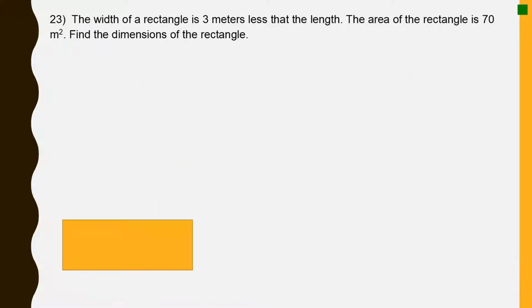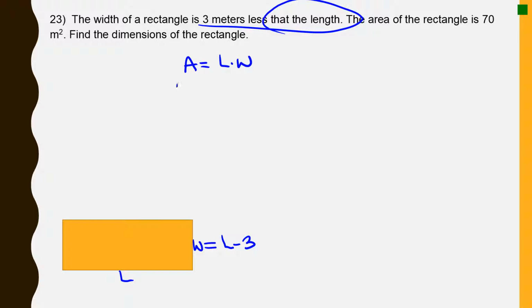Oh my gosh, there's one more left, guys. All right, the width of a rectangle is 3 meters less than the length. So this is the length, this is the width. It says the width is 3 meters less than the length. So whatever the length is, it's 3 less than that. The area, which is length times width, is 70.